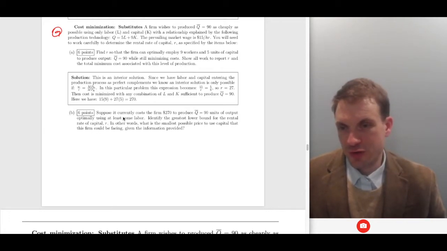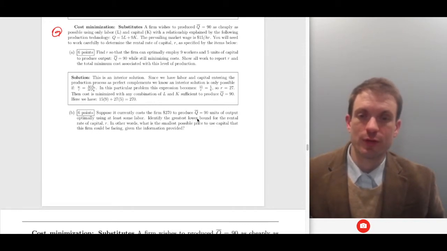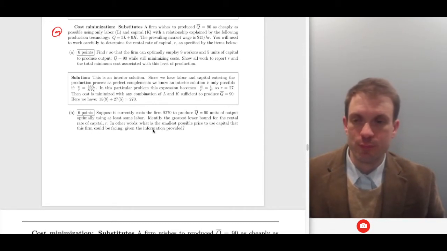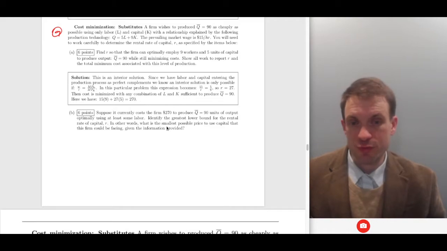Then the other two exercises, B and C, are saying, suppose we're using some labor. What are the bounds on the rental rate of capital such that we are using just labor? Because if capital is really cheap, we'll use capital instead.